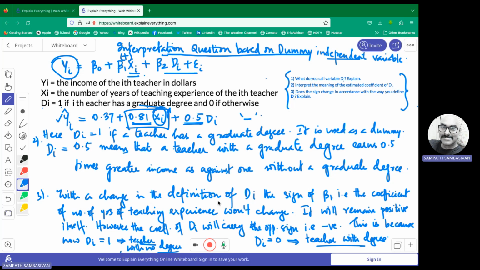So when the definition of DI is changed, there wouldn't be any change in the expected sign of the coefficient of xi, but obviously there would be a change in the expected sign of the dummy variable. Okay, because you have now changed the definition of DI.